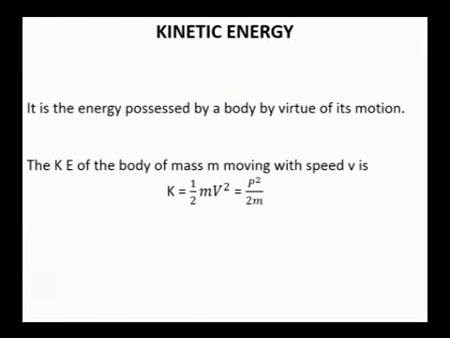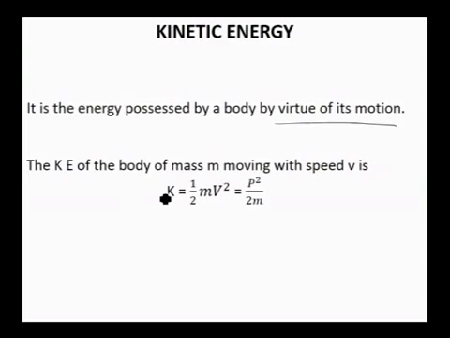So this energy can be manifested in different kinds of bodies in 2 different ways: kinetic energy and potential energy. Kinetic energy is the energy possessed by the body by virtue of its motion. When the body is moving, the energy that comes from that motion is kinetic energy.